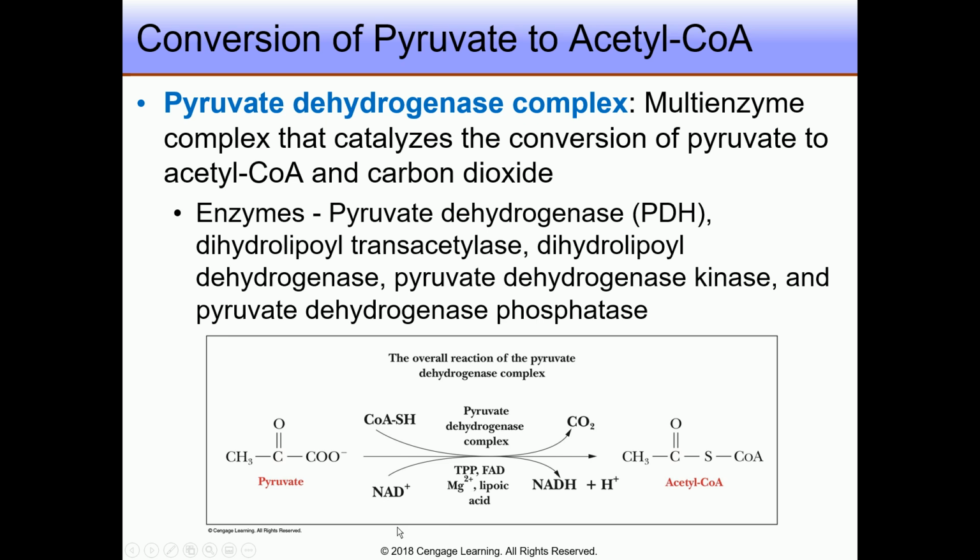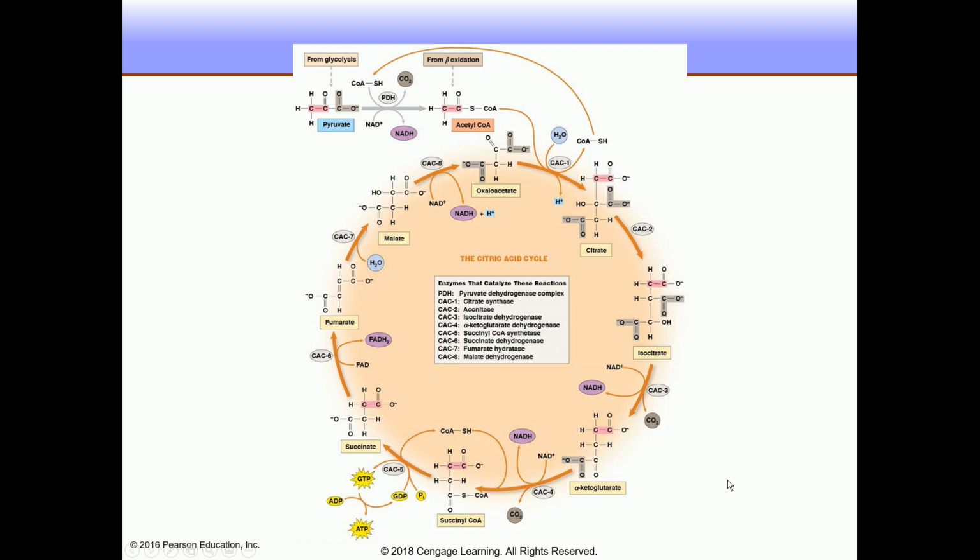Stripping of electrons takes place, and NAD plus carries these electrons and gets itself reduced into NADH. The acetyl group which remains combines with coenzyme A, and it forms acetyl coenzyme A. So this is what the conversion step is. After this, pyruvate is converted into acetyl coenzyme A, and it enters into these reactions.